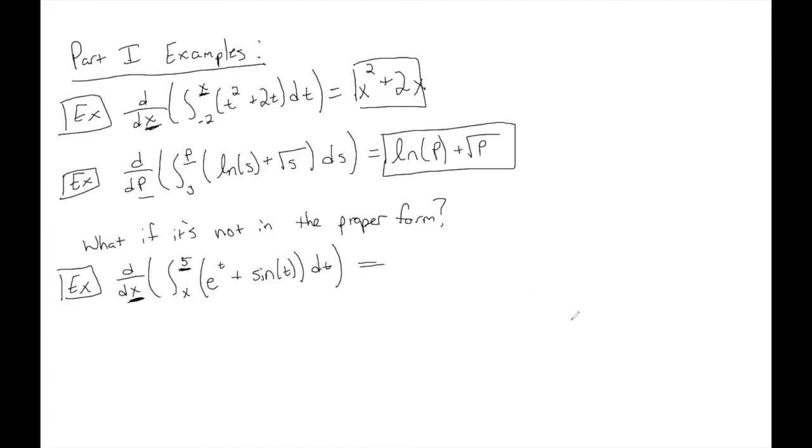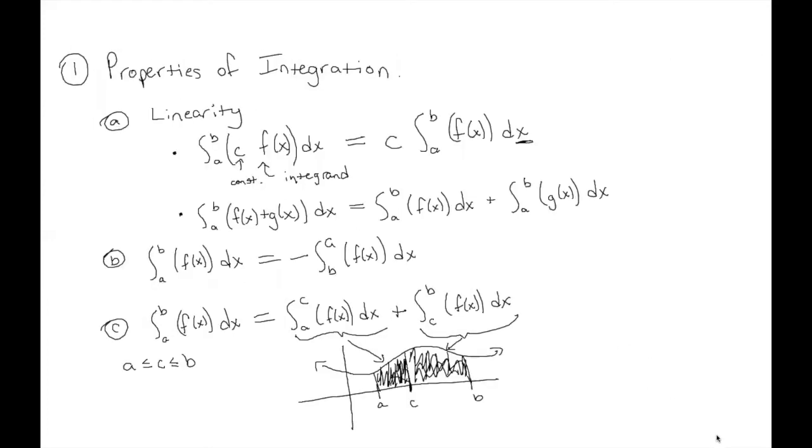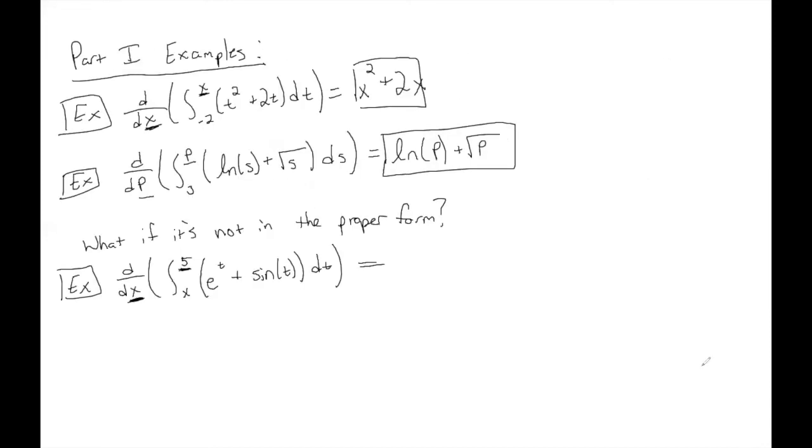Well, I use one of my properties. Remember, if I want the bottom bound to become the top bound, here I had a on the bottom, and I wanted it to become a on the top, I just put a negative out front and I flip the bounds. So that's all I have to do here. Same thing works when there are x's involved. I get d dx of the negative integral from 5 to x of e to the t plus sine of t dt.